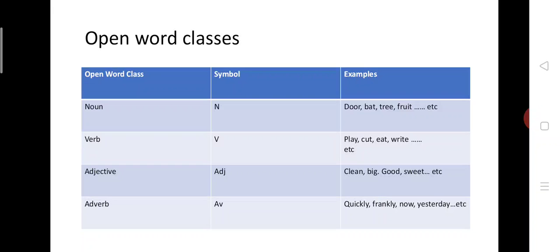So this is the example of open word classes. Next one, adverb. Symbol is AV: quickly, frankly, now, yesterday, etc. That's why they are called open word classes. They carry some meaning with them.